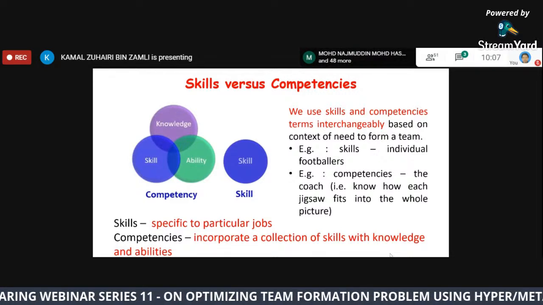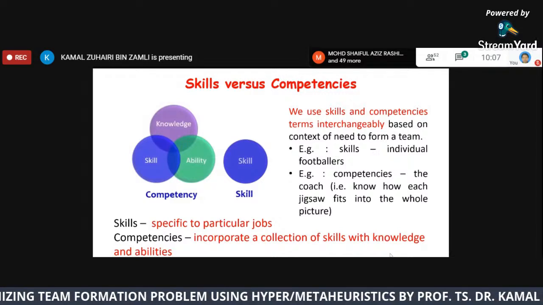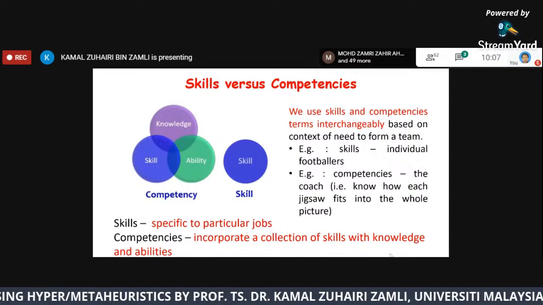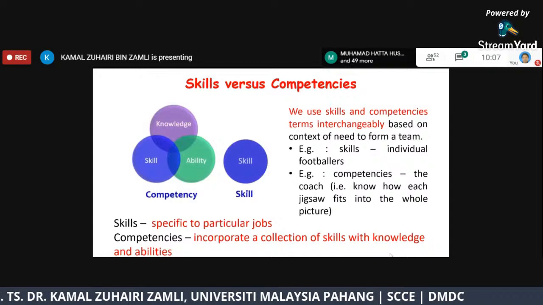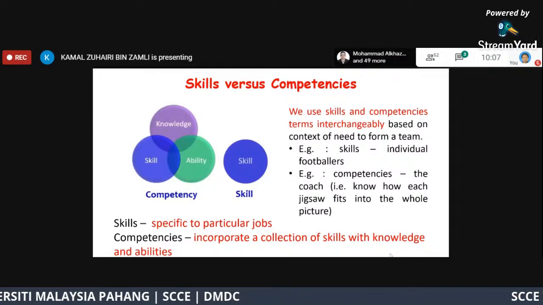So basically, skill is specific to a particular job, while competency is a collection of skills. But in our work, we use them interchangeably within the context of the work. I will show this later.